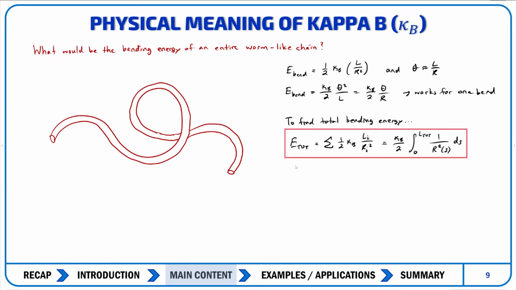So I'll just name this the total E-bend for a worm-like chain model. So over here, the I's represent one bend. By one bend, I mean something like this.